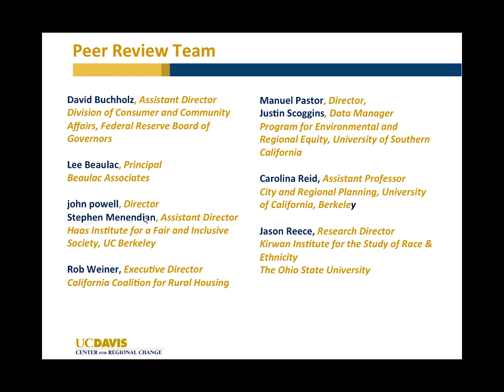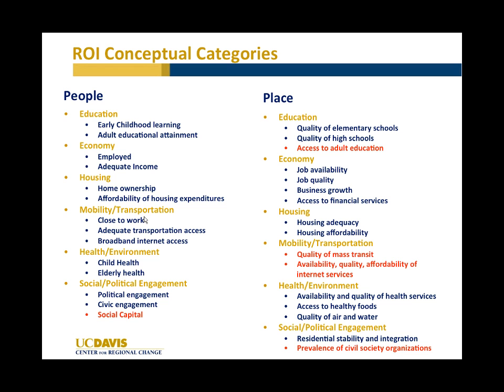And so, looking at all the best research around the country about what shapes opportunity, and with a very distinguished peer review team reviewing the development of our tool at each step of the way, we developed a website and a tool that is not so much a data warehouse, but really a curated set of data that provides a parsimonious but comprehensive set of indicators about what is shaping opportunities in any particular location.